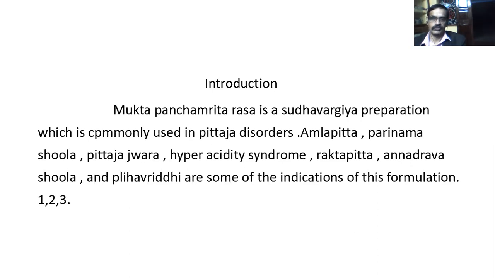So, introduction. Mukta Panchamrita Rasa is a Sudha preparation which is commonly used in Pitta disorders like Amlapitta, Parinama Shula, Pitta Jwara, hyperacidity syndrome, Raktapitta, Annadrava Shula, and Pliha Vriddhi are some of the indications of this formulation.